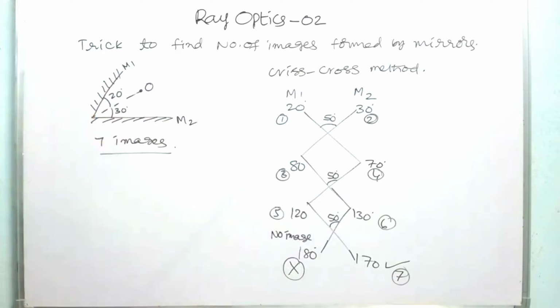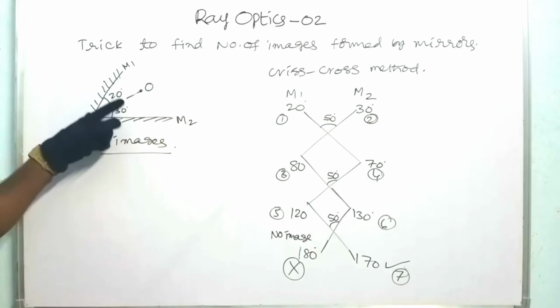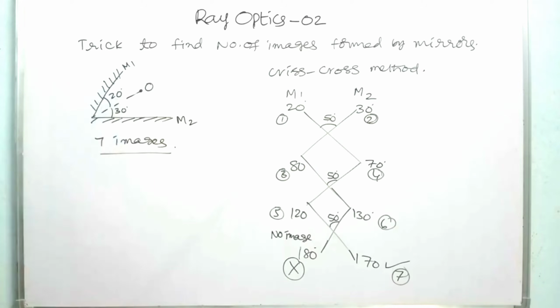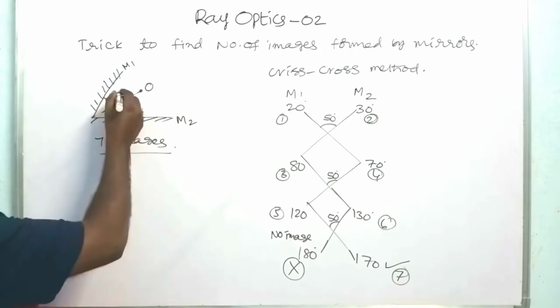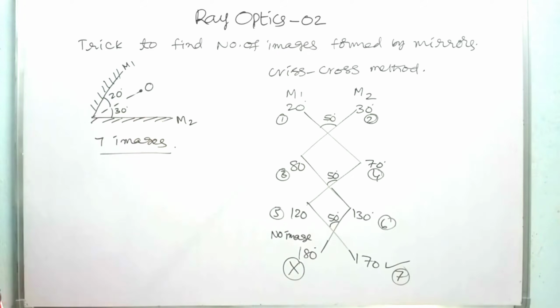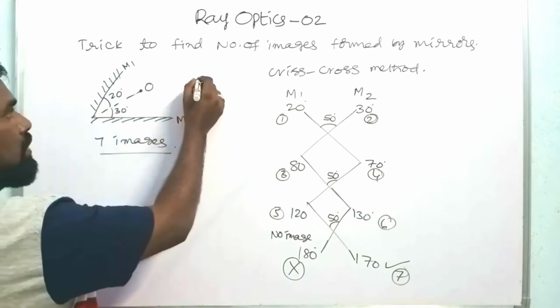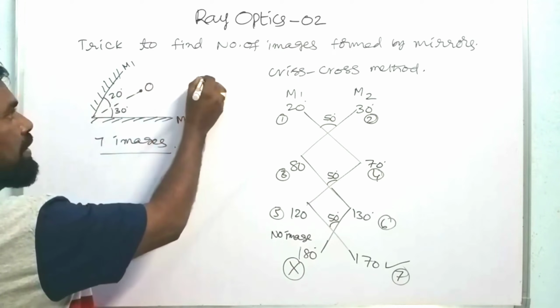Here these two angles are asymmetric angles. Asymmetric means different angles, 20 degrees and 30 degrees. So here the total angle is 50 degrees.